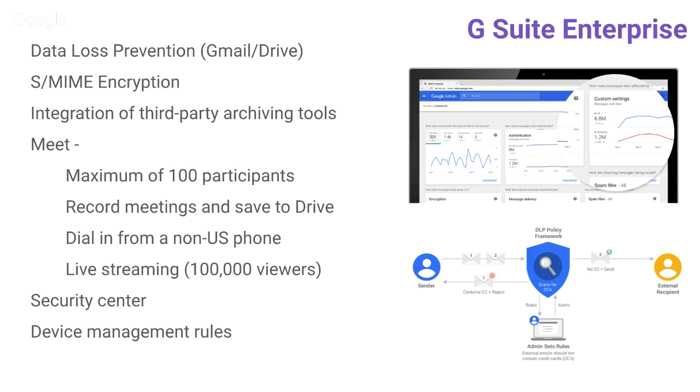There's also a high level of email message encryption available with Enterprise, which offers greater data security again over the Basic and Business versions. Another main feature of Enterprise is the beefing up of the Meet product. Remember, this is the replacement to Hangouts, which you may have access to.